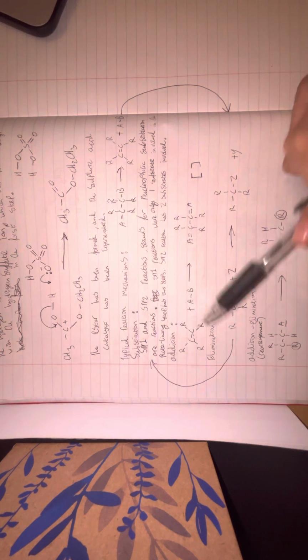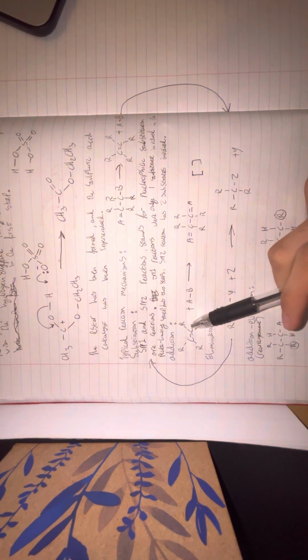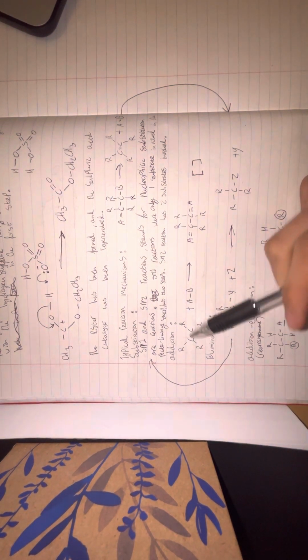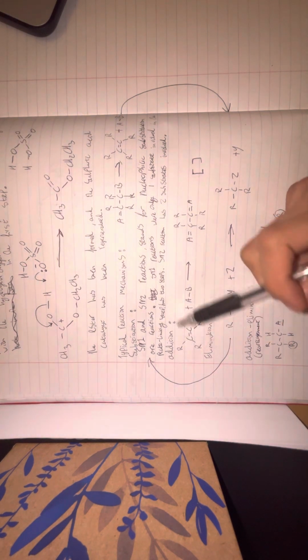Okay, now we go on to addition. Addition here is where a molecule is built like this. It has a C double bond to another C, with 2 R groups connected to them.